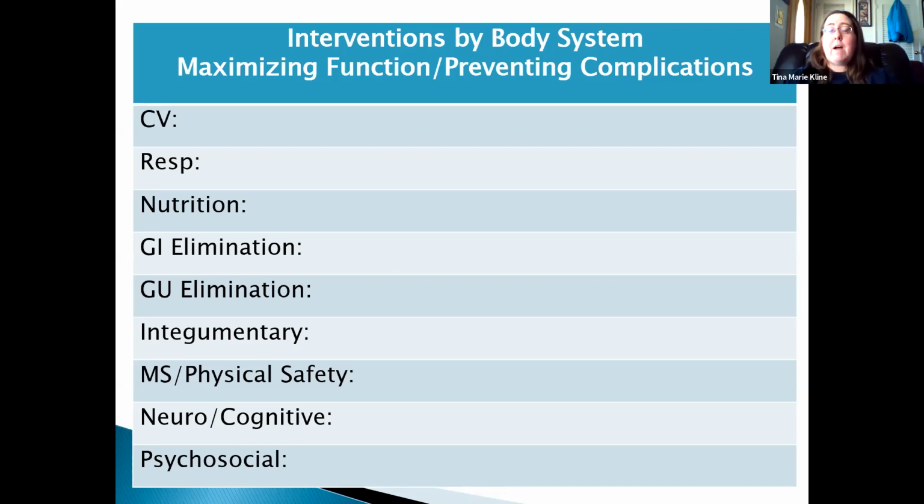If they can't move out of bed, using the foot pumps, ankle circles, flexing the calf muscle, really trying to promote that circulation. Range of motion exercises, repositioning the patient, all in an effort to maximize blood flow.